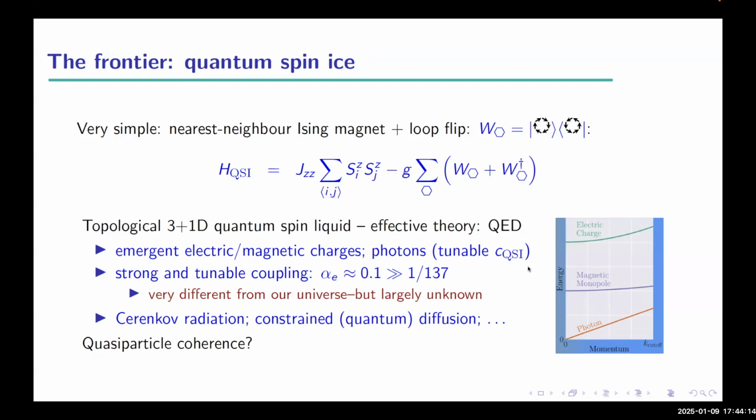In particular, if you had complete dynamical access to the system, you'd expect more excitations in this system than you get in conventional electrodynamics. The speed of light is tunable. It turns out for some estimates, reasonable numbers for materials candidates, the speed of emergent light is roughly 10 meters a second. So the fastest human can outrun the speed of emergent light in spin ice.